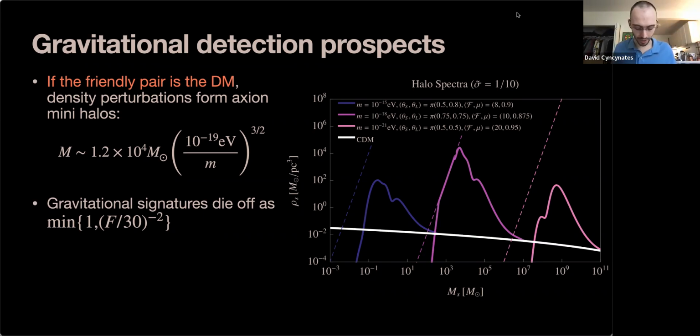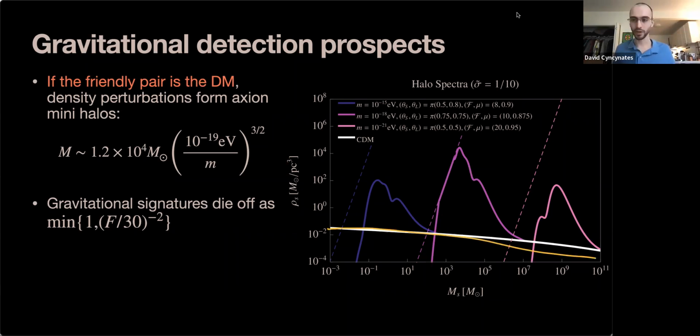But if you are all of the dark matter, then the density perturbations formed during autoresonance collapse early during matter domination into dense galactic substructure. And we can look at the density of this substructure in what's called a halo spectrum: the density of the substructure versus their mass.